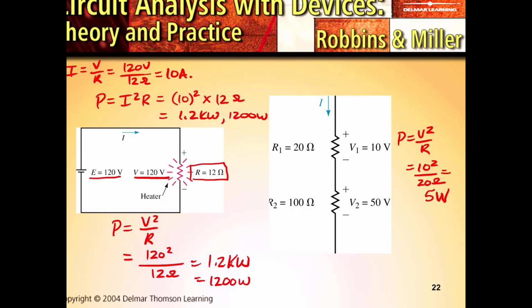What about the next one? We have a value of 50 squared over 100 ohms to give you 25 watts.